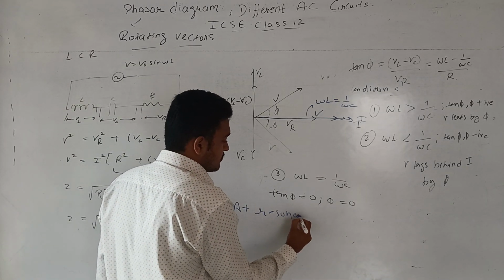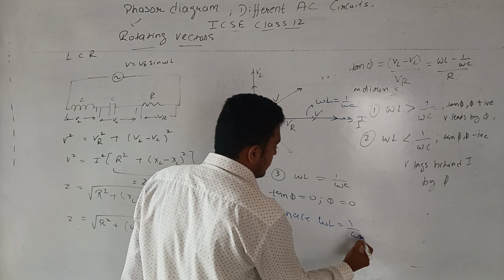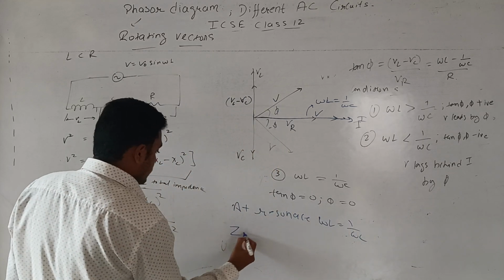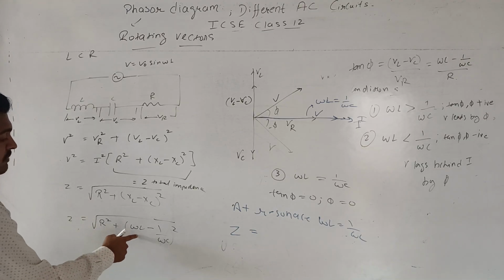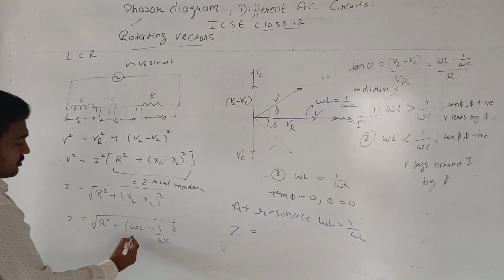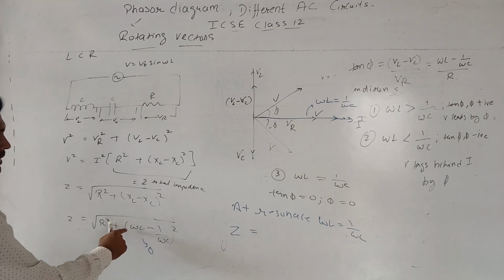And at resonance, when omega L is equal to 1 by omega C, the impedance of the circuit will be, so this is the impedance, the square root of R squared plus (omega L minus 1 by omega C) squared. Because omega L is equal to 1 by omega C, omega L minus 1 by omega C will be 0.